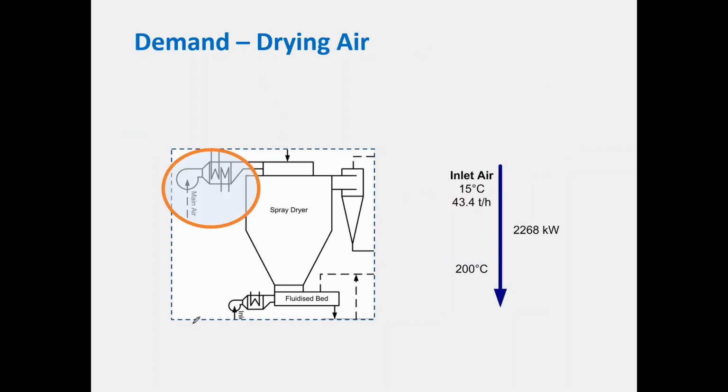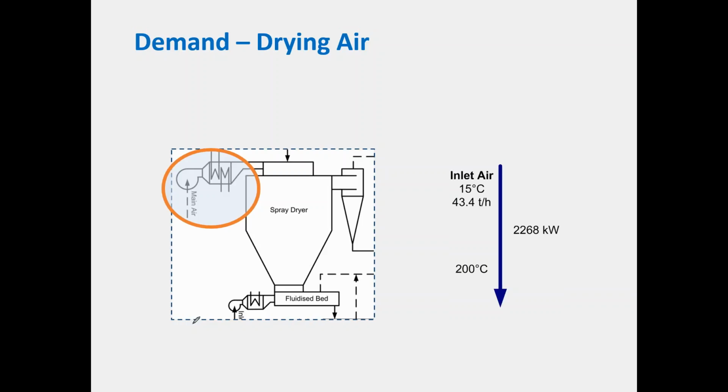And if we assume that the air comes from outside, so let's say it's coming in at 15 degrees, that's obviously the supply temperature, and we need to heat that up to 200 degrees before it goes into the spray dryer, and the amount of air that we need for our dryer is 43.4 tons per hour.